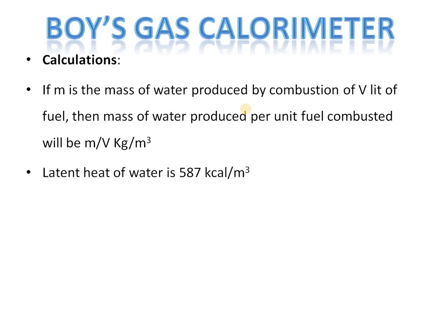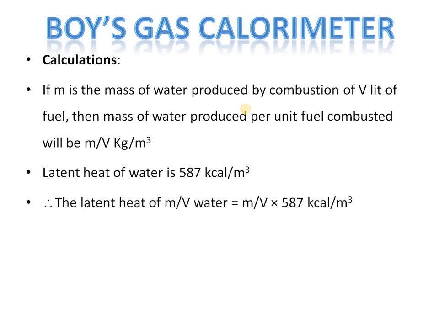If 587 kilocalorie per meter cube is the latent heat, then the latent heat for m upon V kg of water will be equal to m upon V into 587 kilocalorie per meter cube, as LCV of fuel is equal to GCV minus latent heat of water.